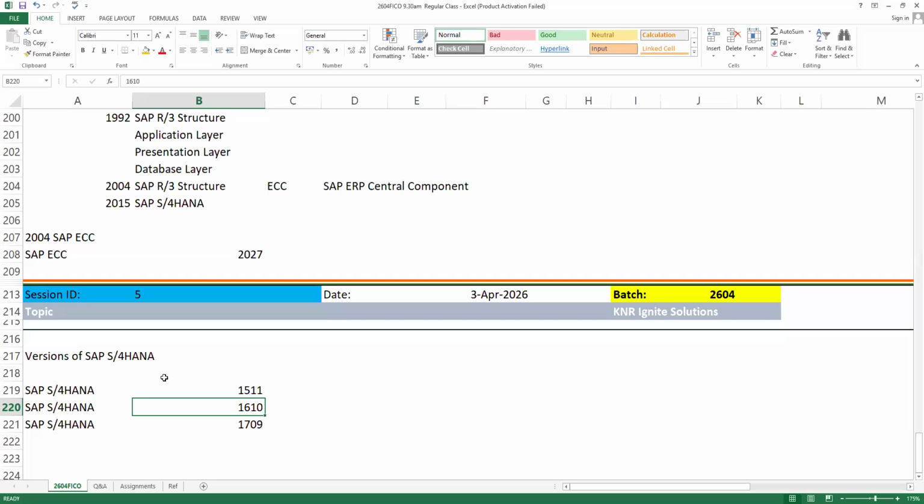They will update, and if not, they will leave it as it is. For example, as of now, many companies are still running ECC versions, which were introduced somewhere around 2004. Today we are in 2026, so that is more than 20 years, right? Still they are running on the same versions. The GUIs will be updated, but the core SAP structure will be the same.